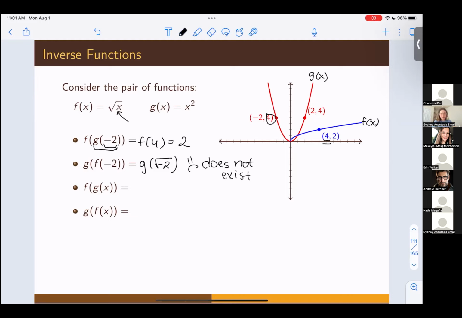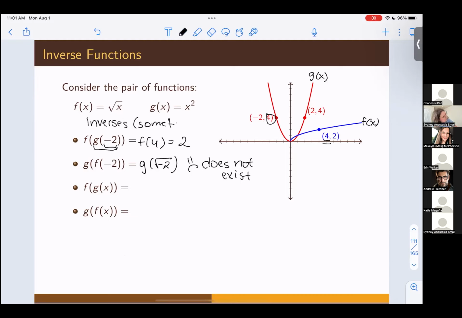Now, why does this happen? Well, it seems like these two should be inverses, because if I take the square root of something squared, it should just give me the thing back, right? Well, no, it doesn't work because we can't take the square root of everything. We can't take the square root of negative numbers in math. So these functions are inverses, but only sometimes.